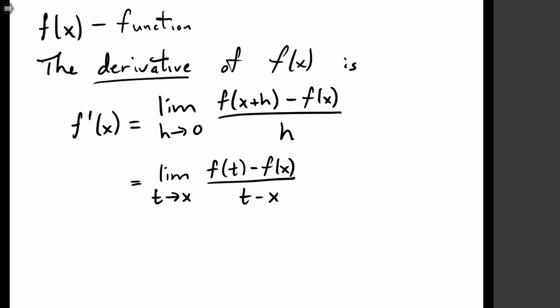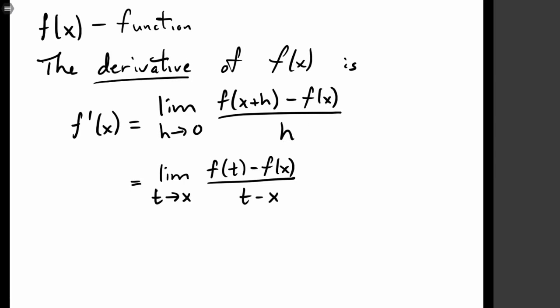Either one of these work. This one tends to be the easier one to understand because we're taking the limit as h actually approaches a number rather than t approaching another variable x. But for some certain functions, this winds up being the easier one to work with. But typically, this is probably going to be your first choice. The f of x plus h minus f of x over h.